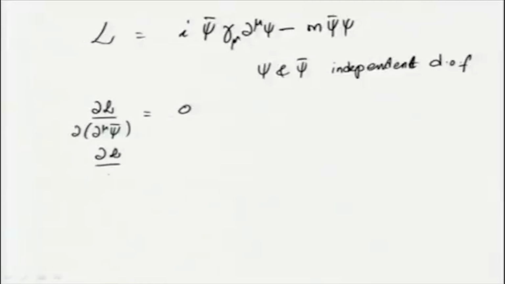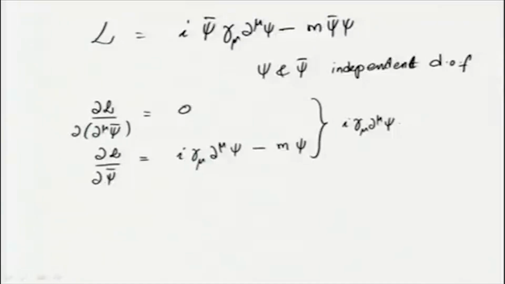When we consider dou L by dou psi bar, we have i gamma mu dou mu psi minus m psi, and the equation of motion tells you dou mu of the first line here plus dou L by dou psi bar, the second line, is equal to 0. Since the first one is 0, we have i gamma mu dou mu psi minus m psi equal to 0.